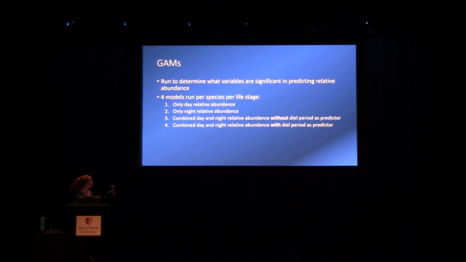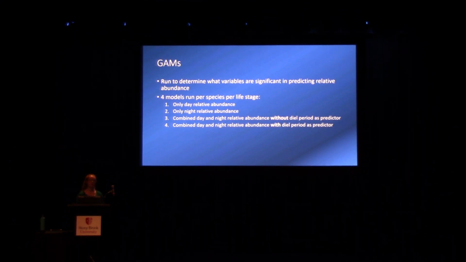Onto the GAMs. They were run to determine what variables are significant in predicting relative abundance. For each species and each life stage, I ran 4 models. The first was just using data from the daytime tows for relative abundance. The second was just using data from nighttime tows.